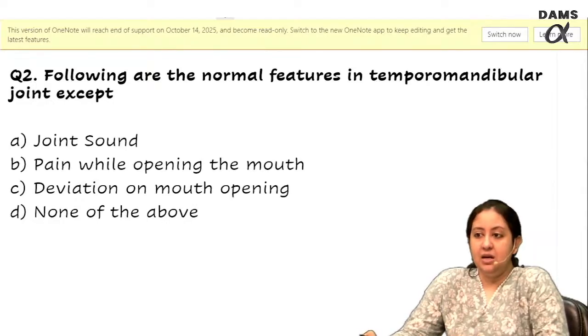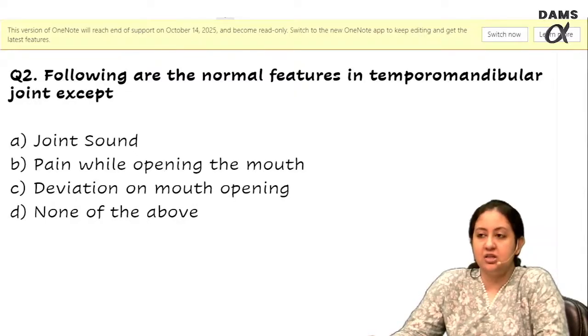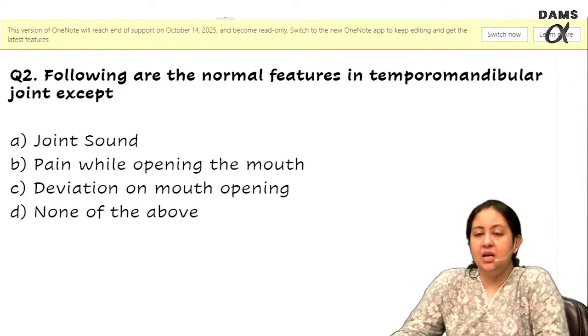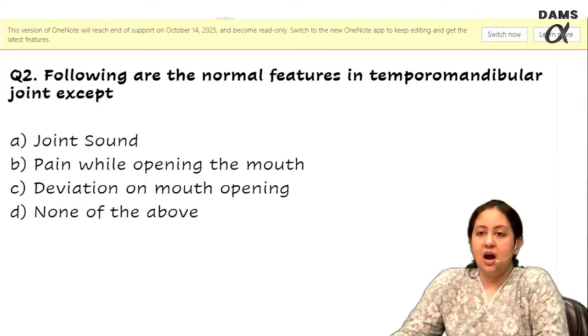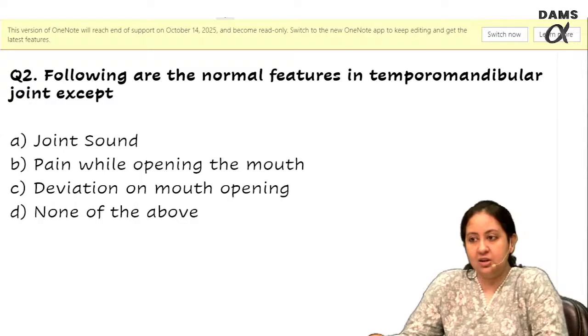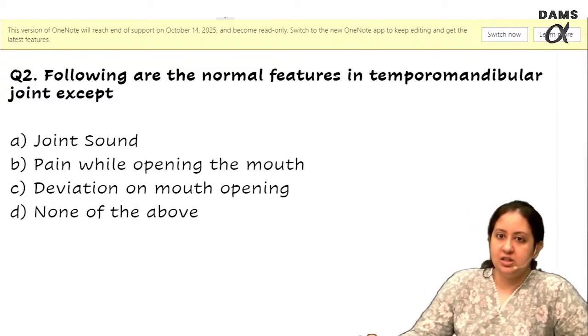Whereas pain definitely signifies that there is an underlying issue which needs to be addressed. You will never find pain in a normal temporomandibular joint. Pain will always be associated with some issue which you have to investigate and find out. But joint sound and deviation can as well be present in a normal TMJ.